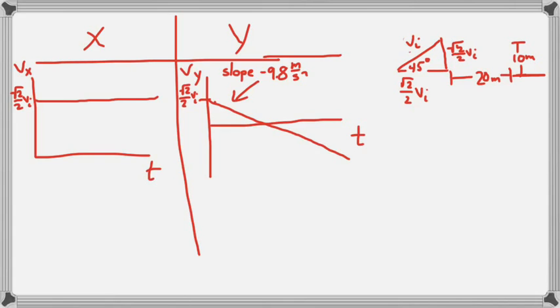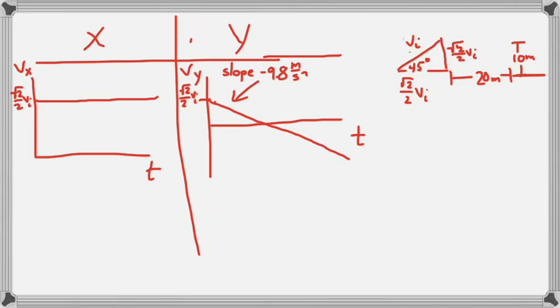now what do I know about the final displacement in the x direction and the final displacement in the y direction? I know that I want to finish up 20 meters in the x direction from where I started.